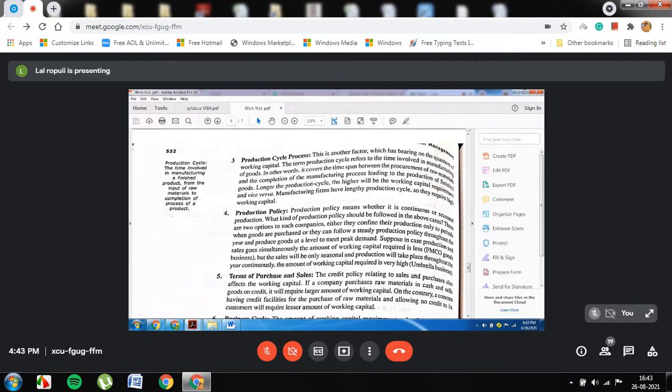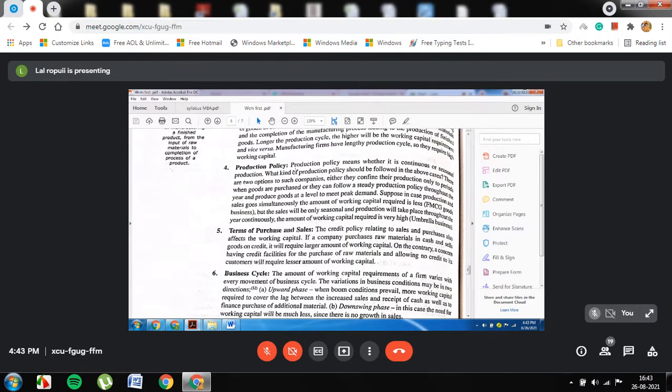So that is production cycle process and production policy. Production policy also determines the requirements of the working capital.